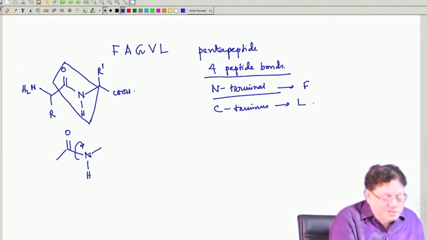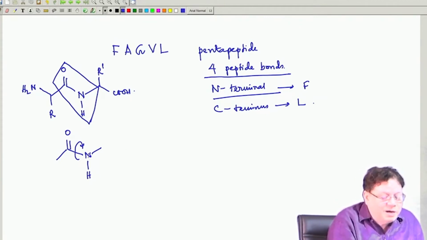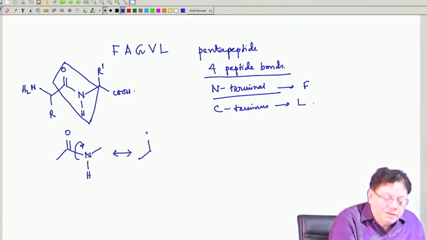The answer to the second question is that this carbon-nitrogen bond has sufficient double bond character because of the resonance that is taking place here. What is resonance?